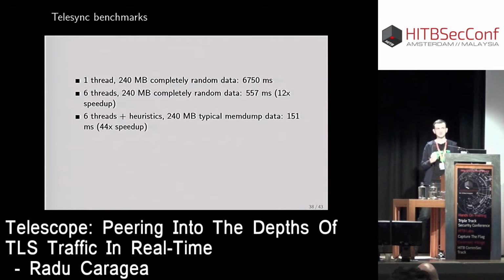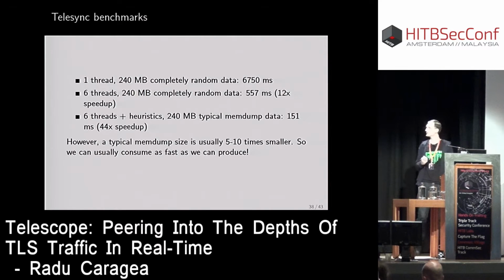So you can add these heuristics and you will get a bigger speedup, to about a couple of hundreds of milliseconds. But think about it. As we said, a typical memory dump is a couple of tens of megabytes, right? So this means it's actually a couple of tens of milliseconds to process each micro memory dump. So we can consume the memory dumps as fast as we can produce them. So space won't fill up at all.